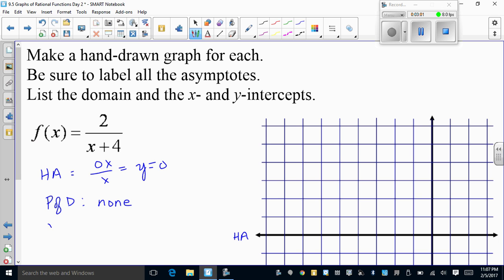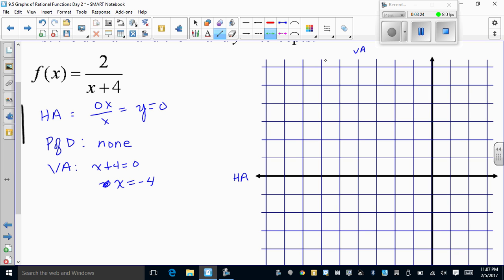Vertical asymptote, x plus 4 equals 0, so x equals negative 4. So at negative 4, 1, 2, 3, 4, this is going to be your vertical asymptote, but we'll draw it in. Vertical asymptote, horizontal asymptote, and your graph will not cross these guys.